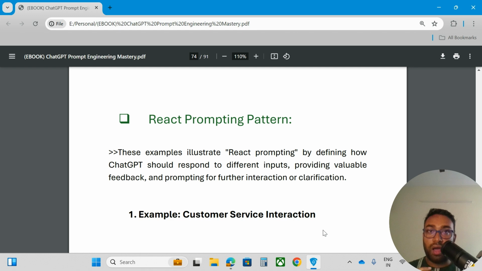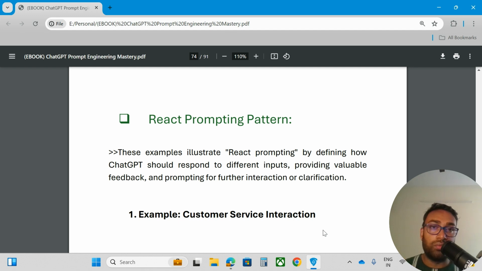So how will you handle that customer? You will tell ChatGPT, hey, you react to this situation. Ultimately you need to react to that customer, respond, solve the problem, and handle them. How you will handle it, you don't know.